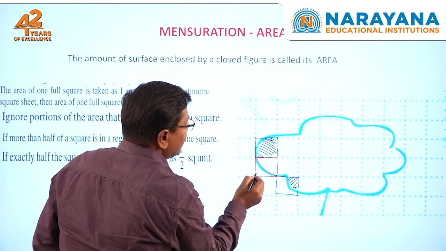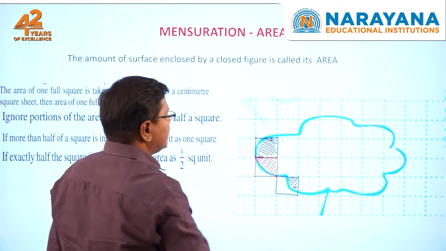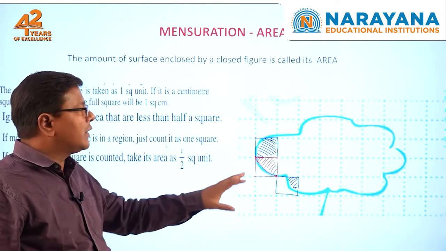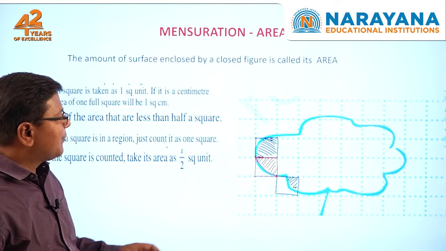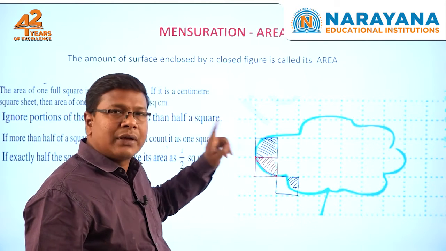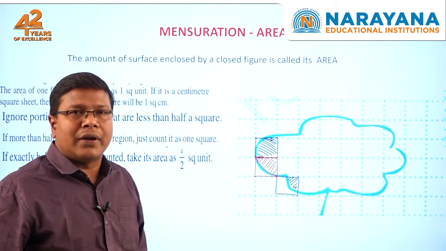Therefore, we need to count this as half a square. These are the rules you need to follow to count the number of squares inside the figure. Less than half, we neglect; more than half, we count as 1 square; and exactly half, we take as half only.